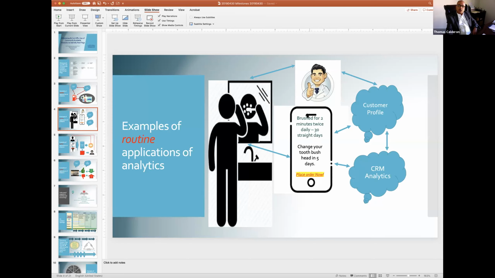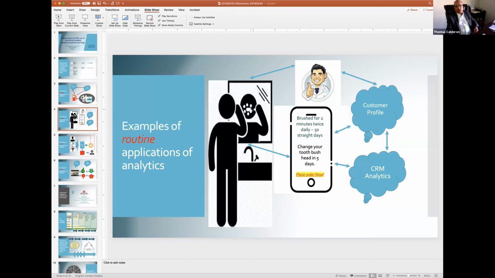But what is also interesting about this particular data at source example is that the maker of the toothbrush could monitor all of your activity and then tell you when it's time to replace the toothbrush head. So in essence, they're using this to help you with your dental habits.